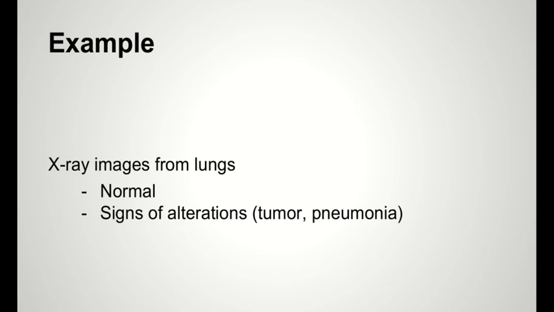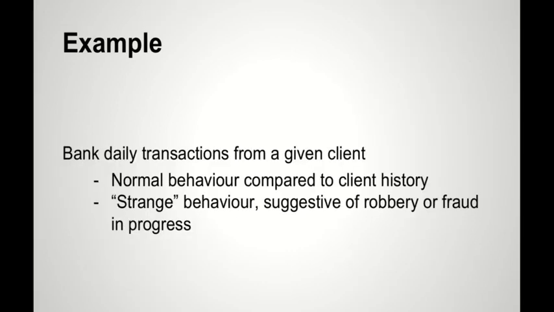Another example is bank daily transactions from a given client. We want to know when there's a normal behavior compared to the client history, or if there's something strange, suggestive of robbery or fraud in process.